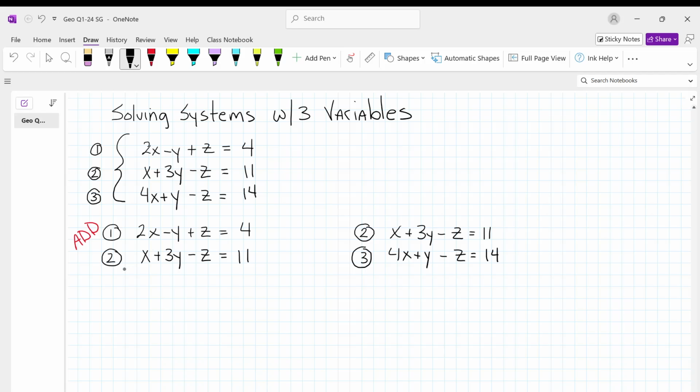And when we do, we're going to get equation number 4. So 2x plus x is 3x. Negative y plus 3y is positive 2y. Z minus z is 0, and we're equal to 15. And that's equation 4.